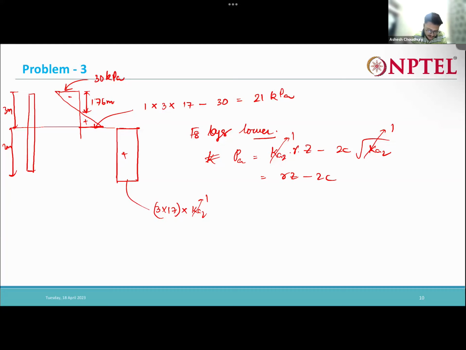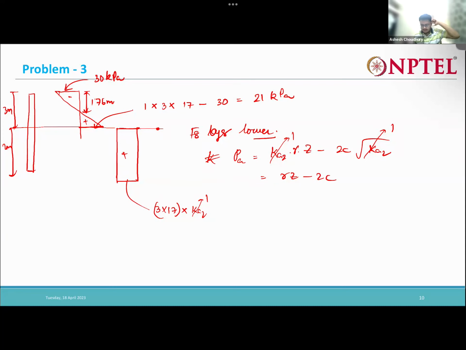So at Z equal to 0, how much do we have? I will do it here only. When Z is 0, what is the stress, what is PA at this level, for the lower layer only?